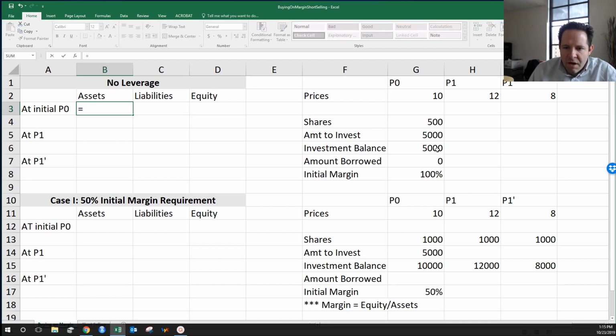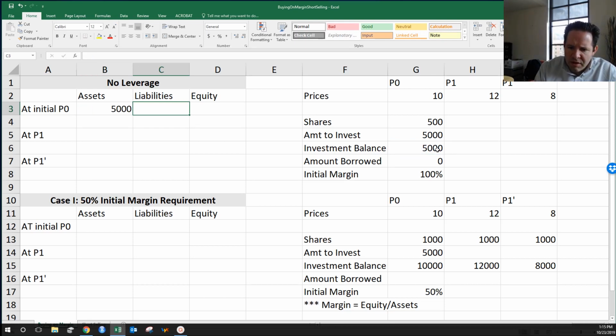Well, we have $5,000, and it's actually 500 shares, not cash, but it's worth dollars. What liabilities do we have? Well, we borrowed 5,000 minus 5,000. We borrowed 0. You can see that you've got your assets and your liabilities.